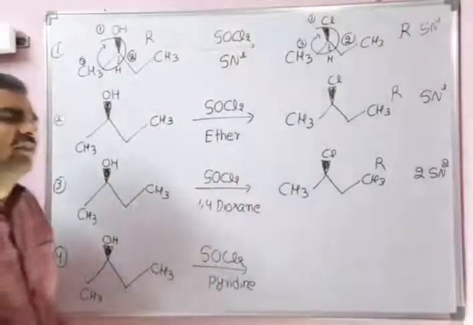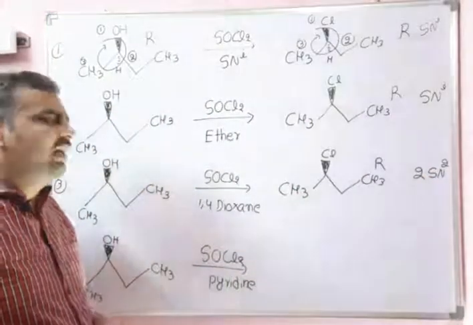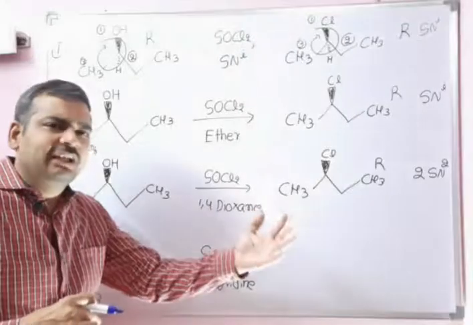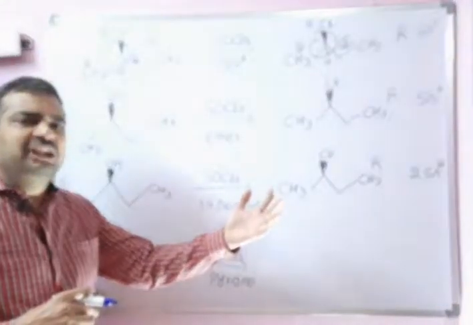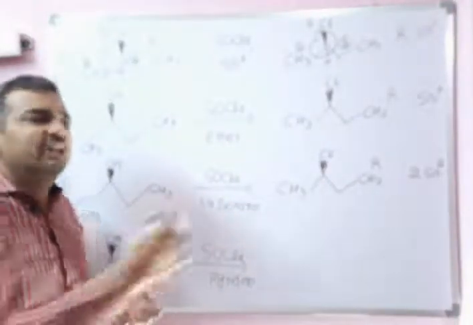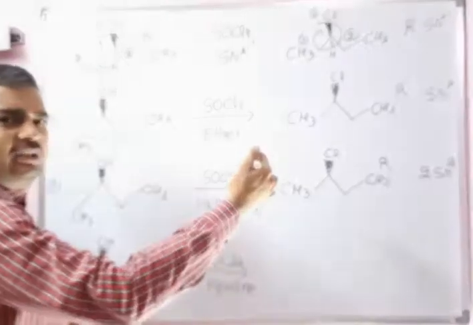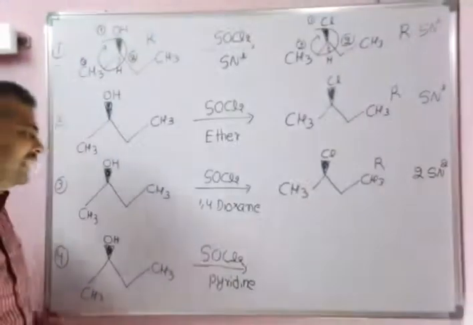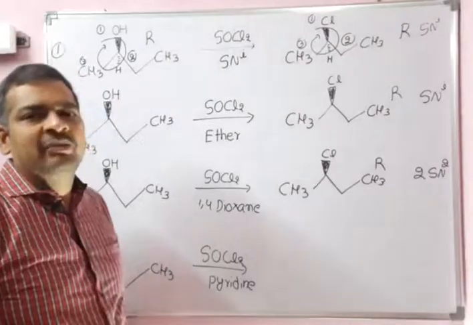Why? Because after forming the alkyl chlorosulfite, first dioxane will attack from the side opposite to OSO2Cl. After that, Cl minus will attack through SN2 backside to dioxane. As a result, 2 SN2, two inversions, finally with retention of the configuration. Now the same example in the case of pyridine. What will happen?